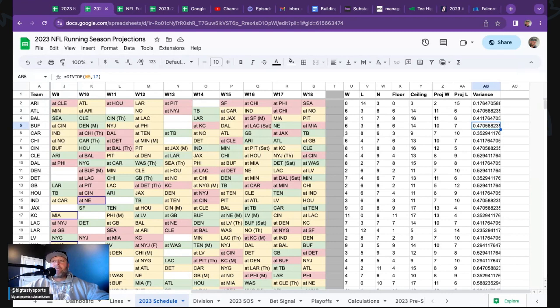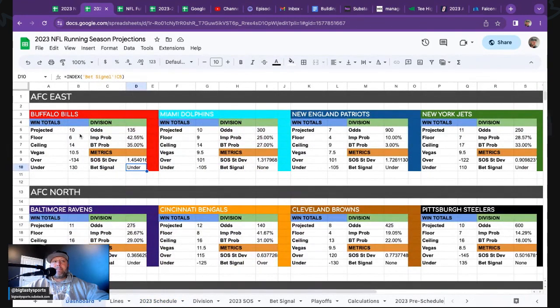For Buffalo, that variance is 0.47, which is pretty high. There are some higher, but that's probably in the top third. So it makes me a little less confident, is all that means. All of that comes back to populate the 10 projected wins, the floor, and the ceiling. And again, I'm going to be updating this multiple times before the season and every week during the season, and these numbers will just automatically update and be there.